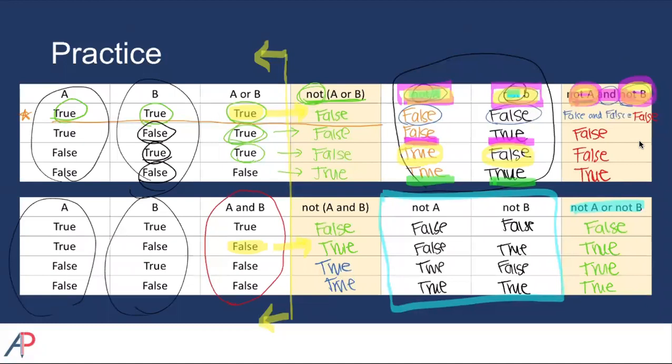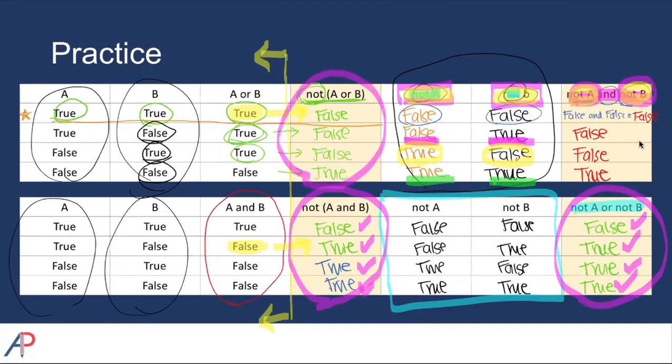Taking a look at what we have here, hopefully you can see that this column right here is identical to this column. We have our false, false, true, true, true, true, true, and true, whereas up here, I have false, false, false, false, false, false, true, and true.